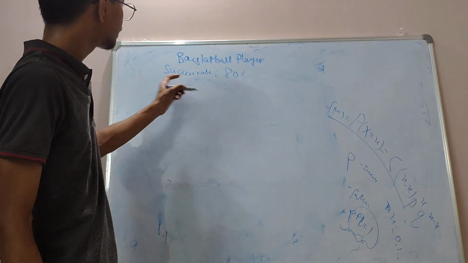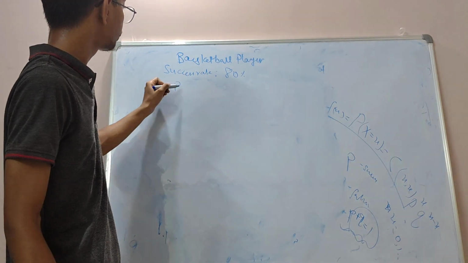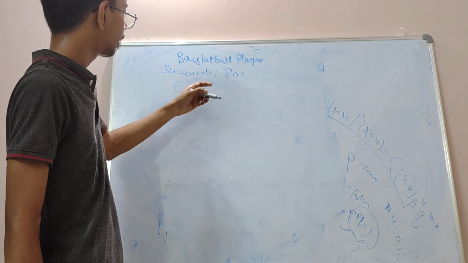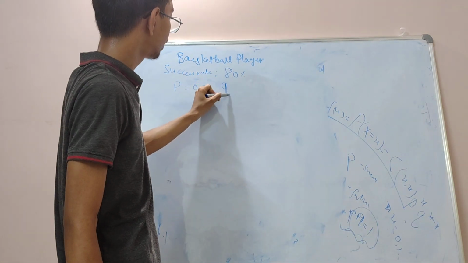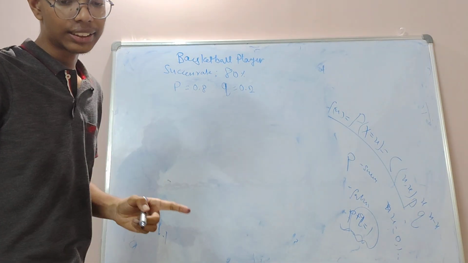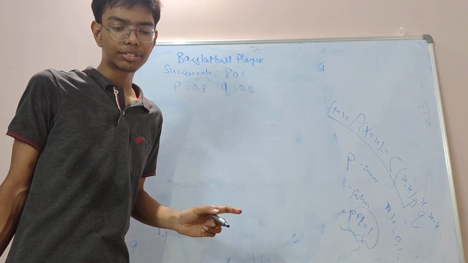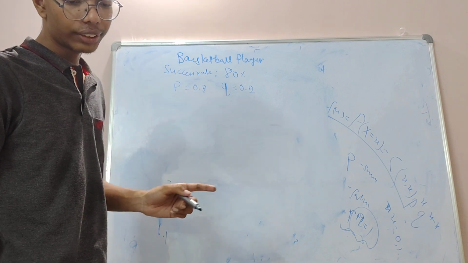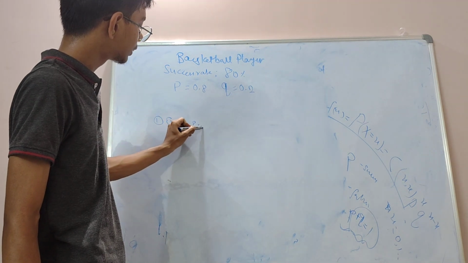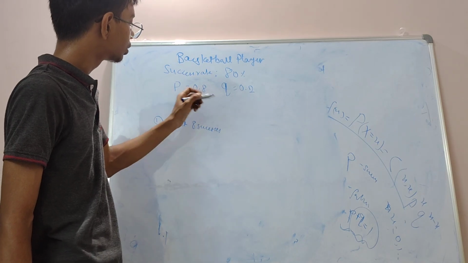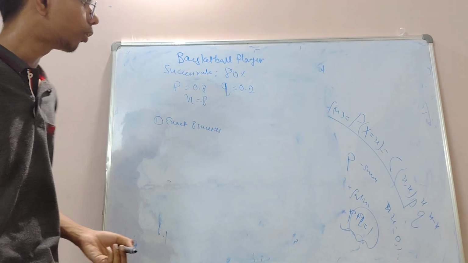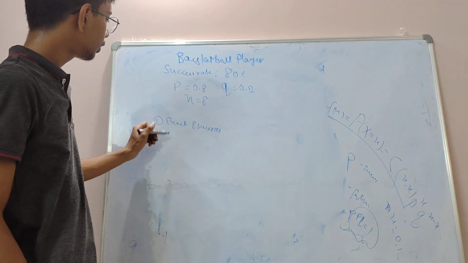So his success rate is 80%, the probability of success is 0.8, and the probability of failure is 0.2. It is asked, in the next 8 trials, to find the probability of getting exactly 8 successes. So n is equal to 8 here, because he will throw the ball 8 times.